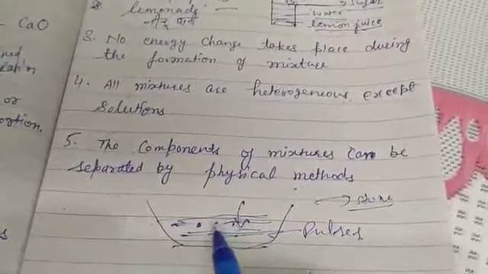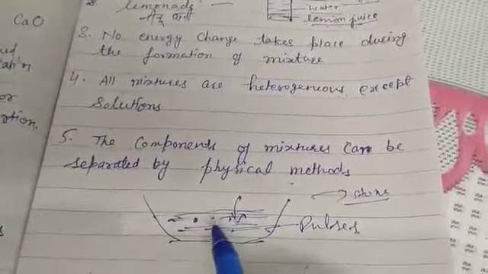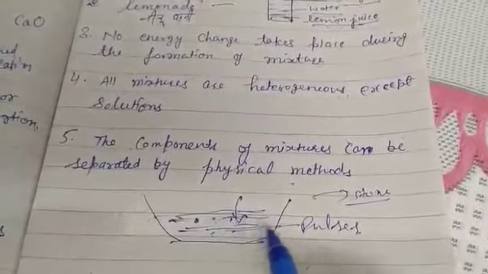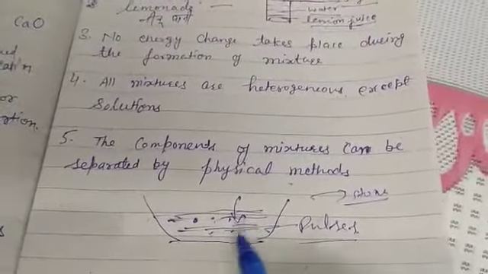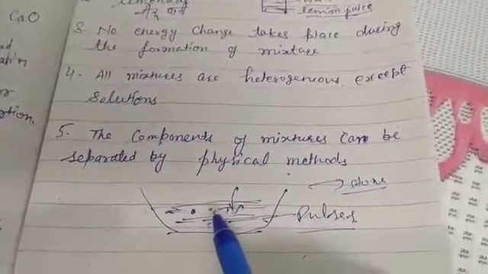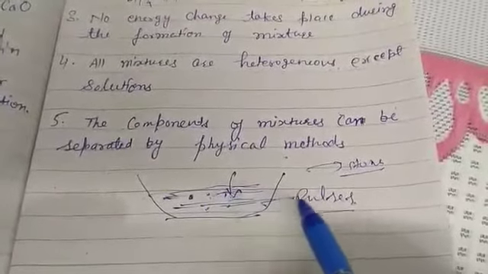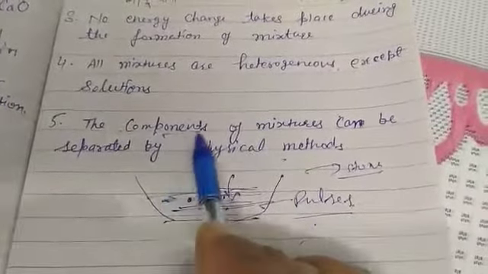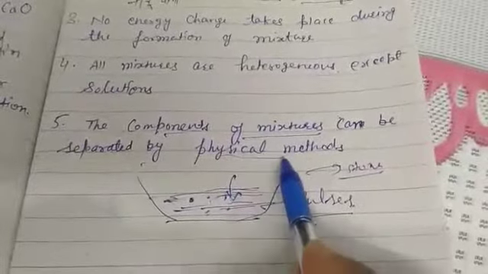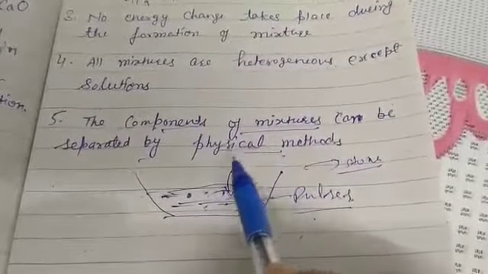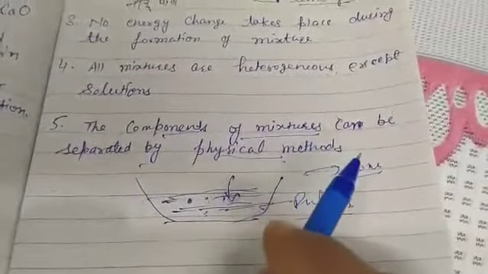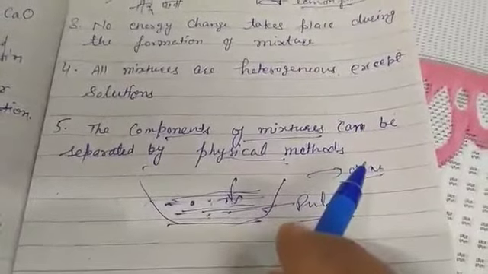So here you can see that your mother is separating the stones from the pulses before cooking them. Here we are using a physical method to separate them. It means components of a mixture can be separated by a physical method. So this is all about mixtures.